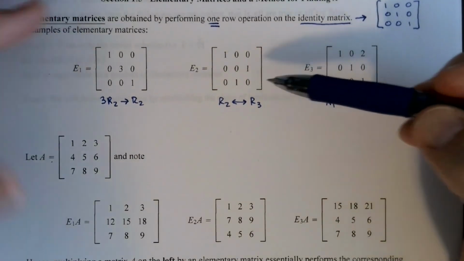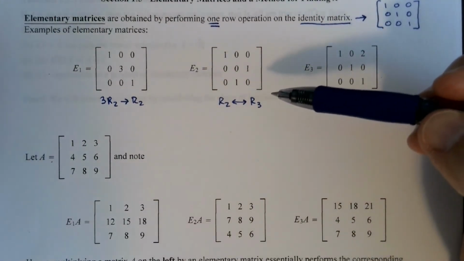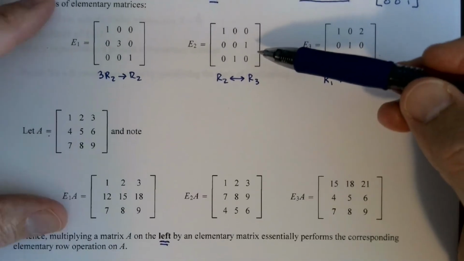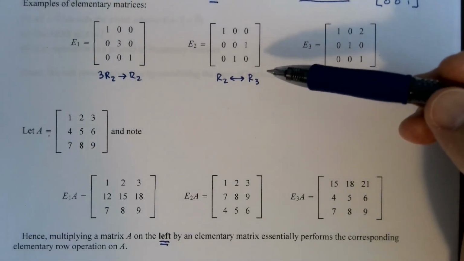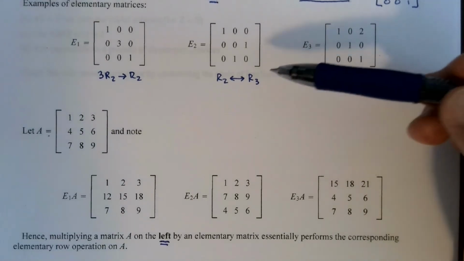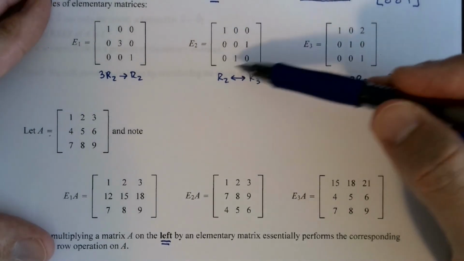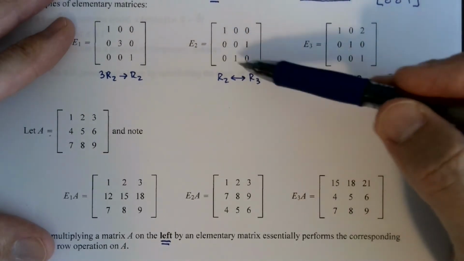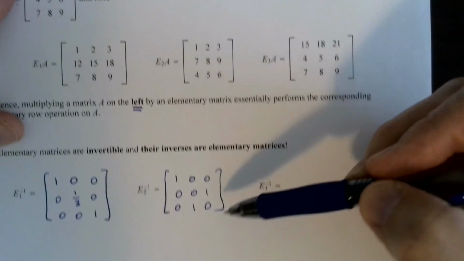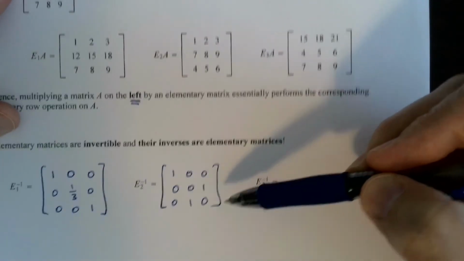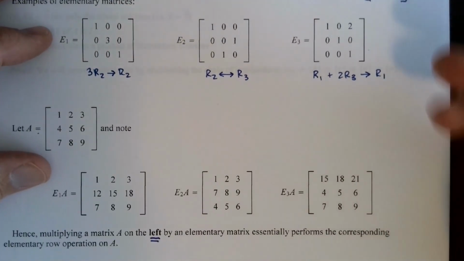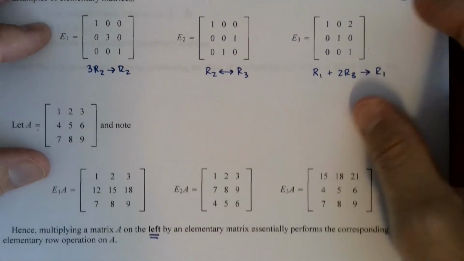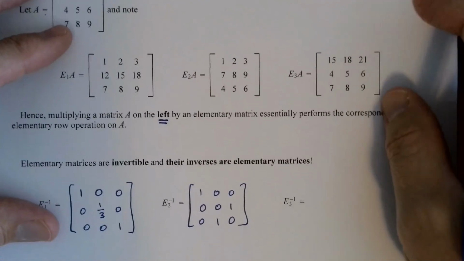But there's only one real number whose reciprocal is itself, the number 1. 1 times 1 is 1. But for matrices, here's E2, and its inverse is itself. And this is not the only matrix with that property. There are many 3 by 3 matrices that have that property. So that's something different again that we have with matrices.